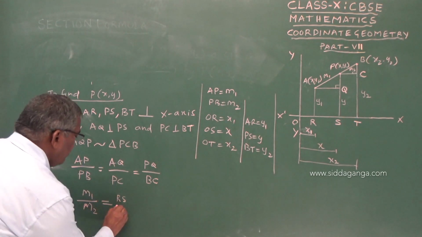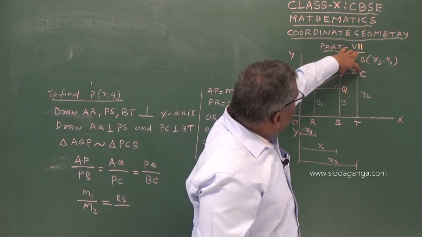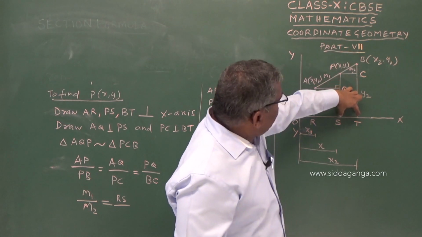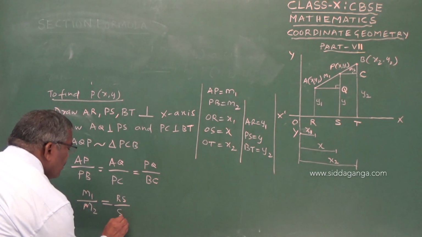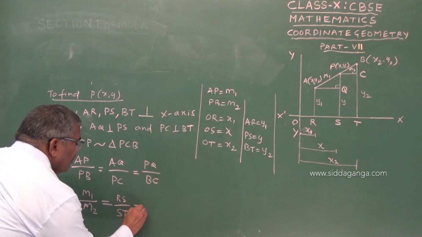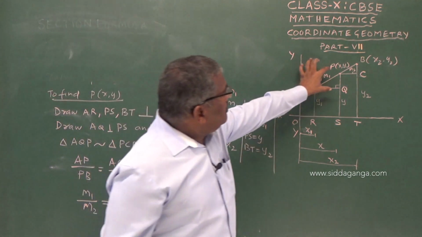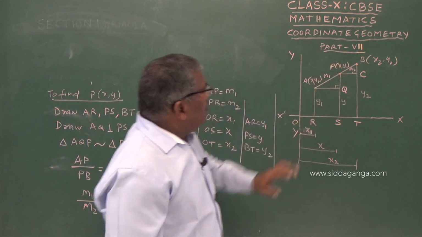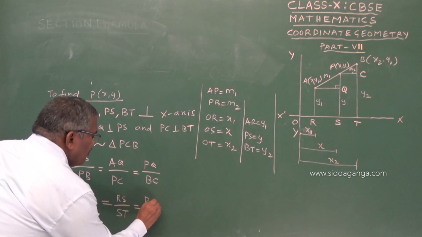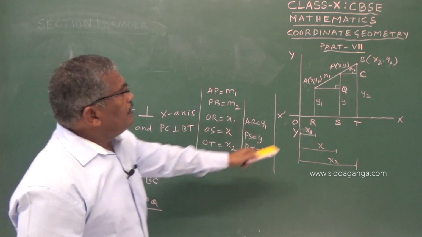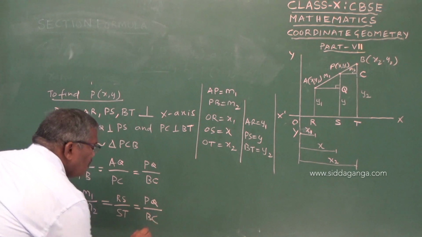AQ divided by PC: PC is this distance, and PC is the same as ST. This equals PQ, which I will write as it is at present, divided by BC. BC is this, so I will write BC also.